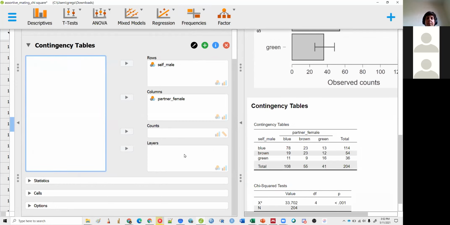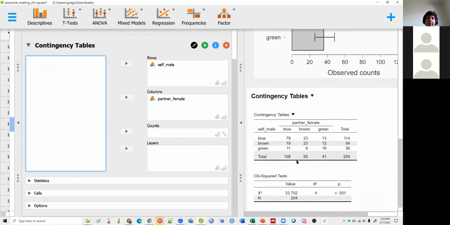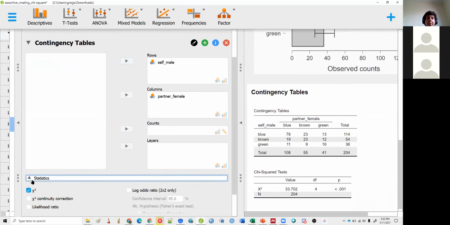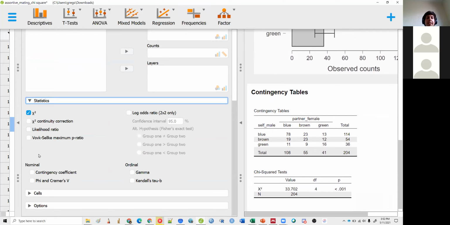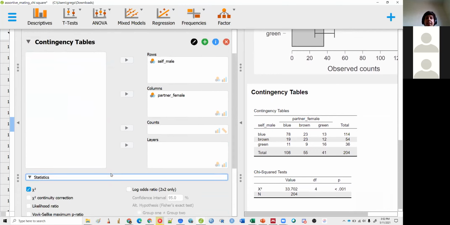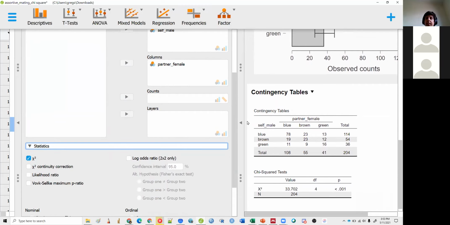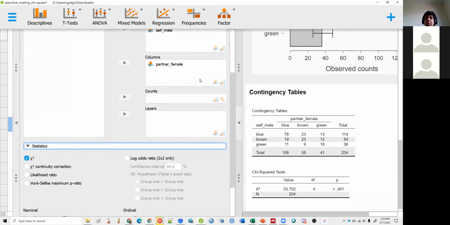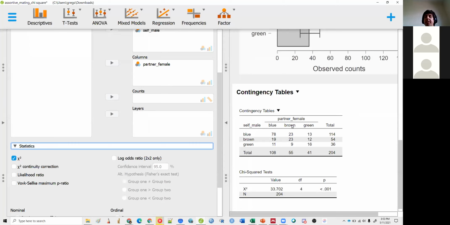I'm not going to make you look into this, but one of the things that you might see in the future is something called a contingency table. Unlike the chi-square goodness of fit test, which only uses one variable with multiple nominal values, here we actually have two.